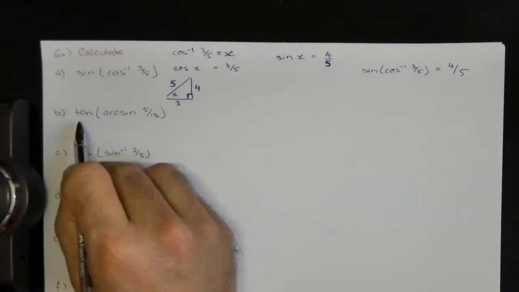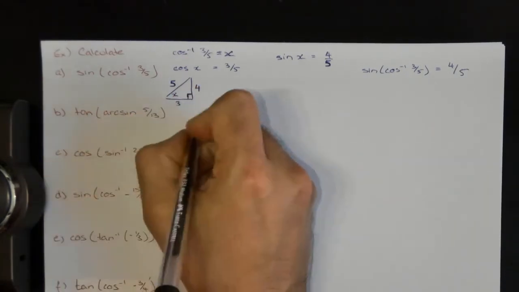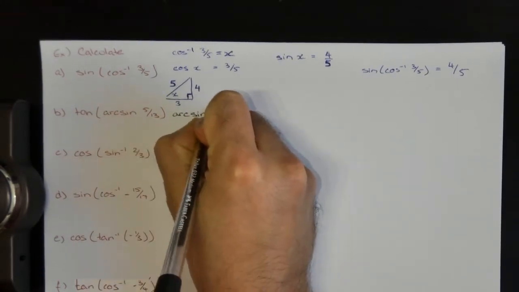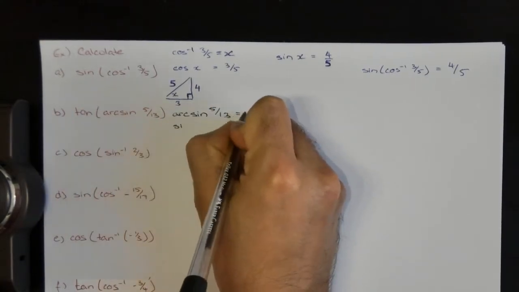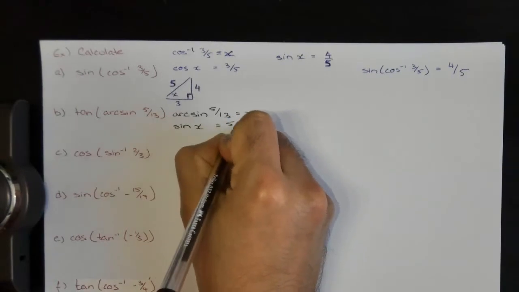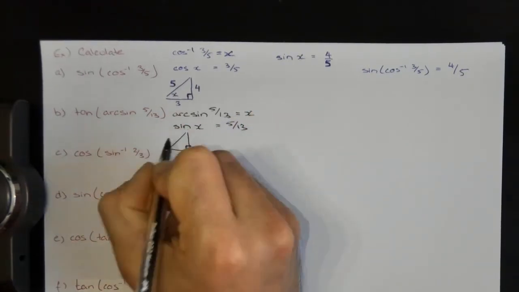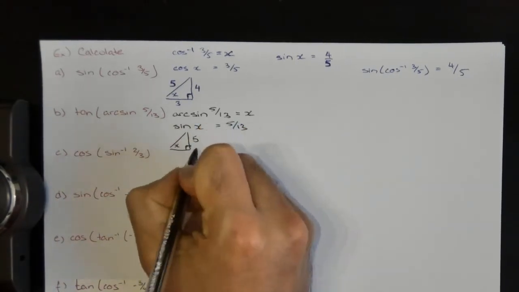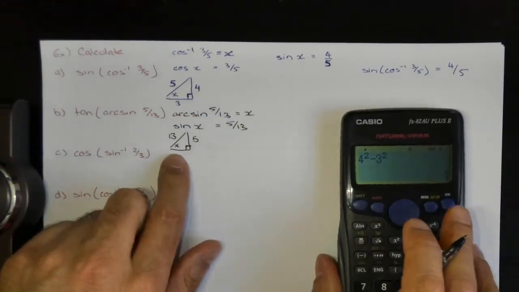Now let's do tan of arc sine 5/13. If I write the inside part first, arc sine of 5/13, let's say that equals x, so sine x equals 5/13. I draw my triangle. There's my x, my opposite is 5, my hypotenuse is 13. Now I want to figure out my adjacent side.